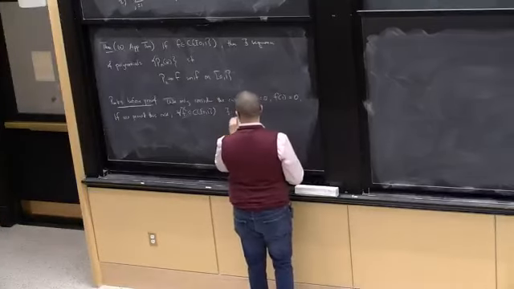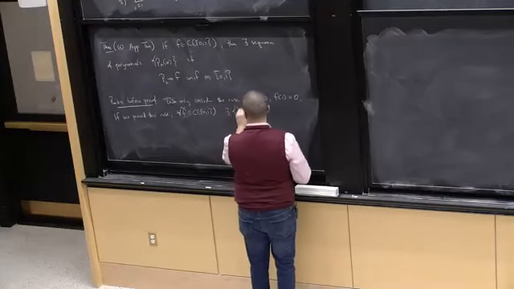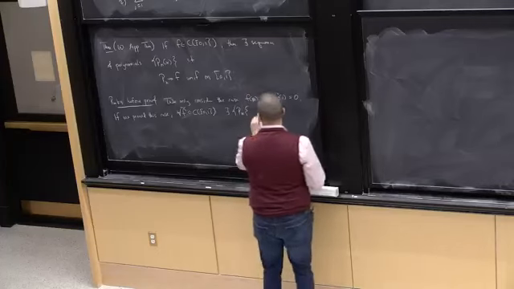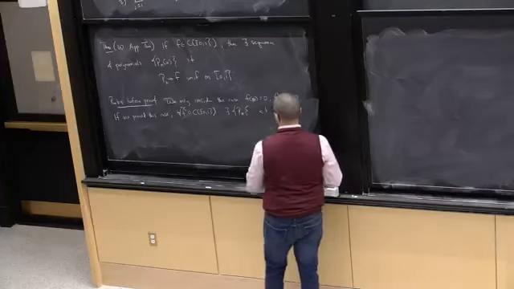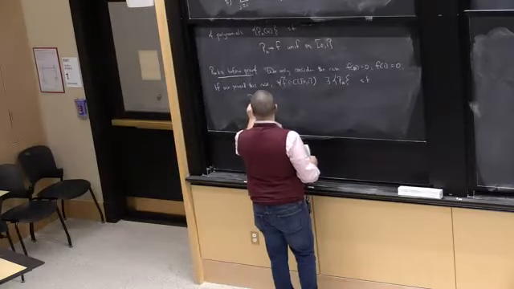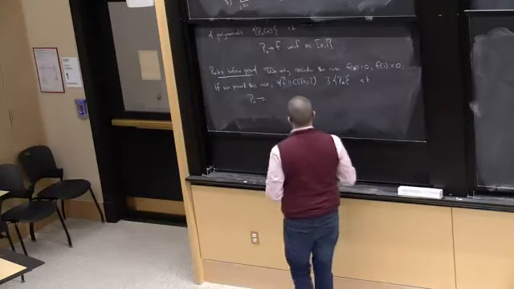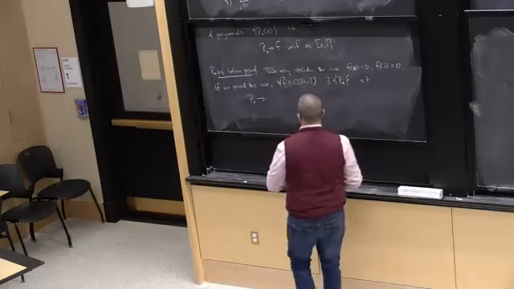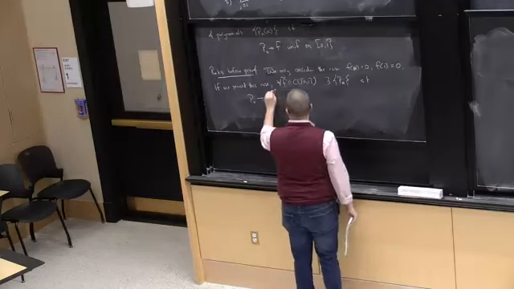That there exists a sequence of polynomials p sub n such that these polynomials converge uniformly to a small modification of f.